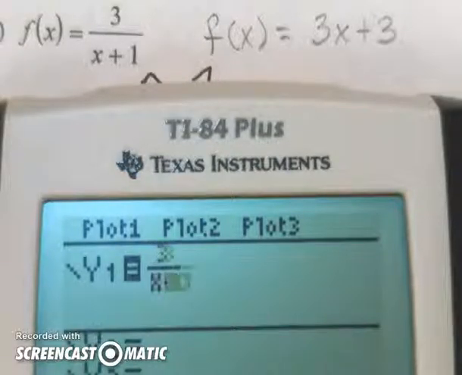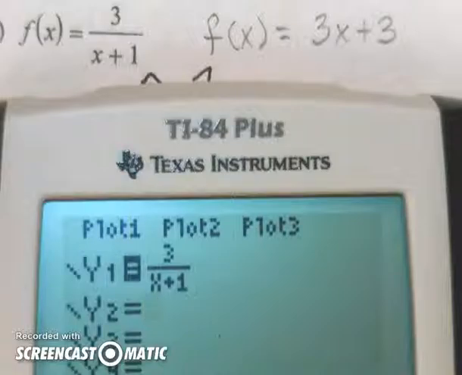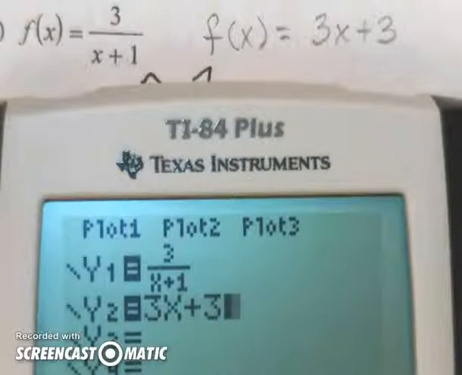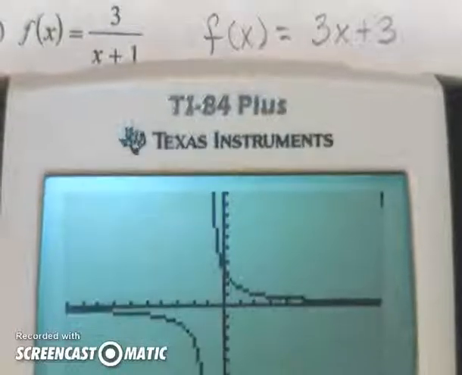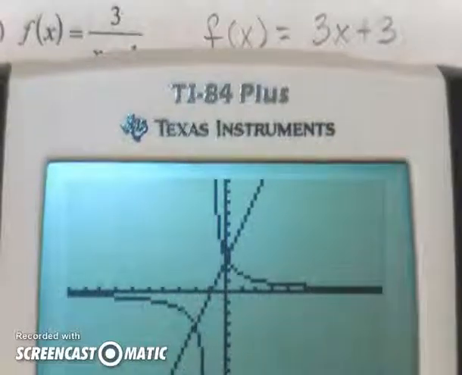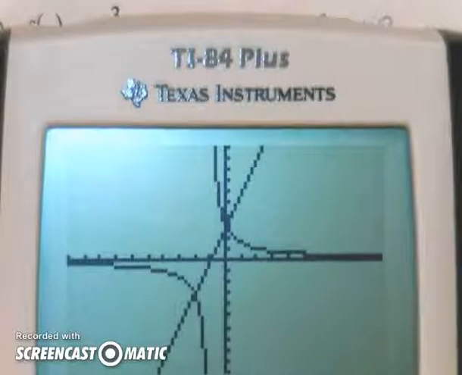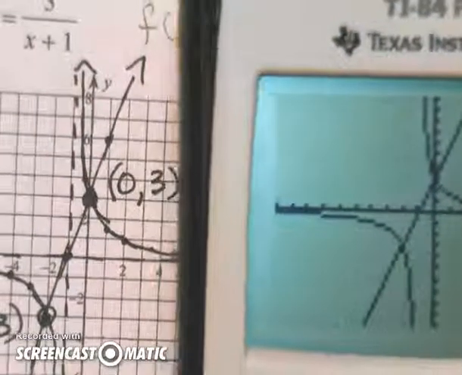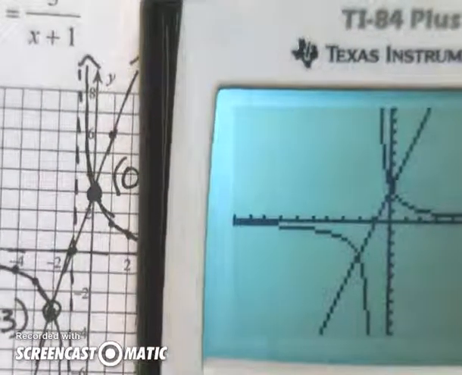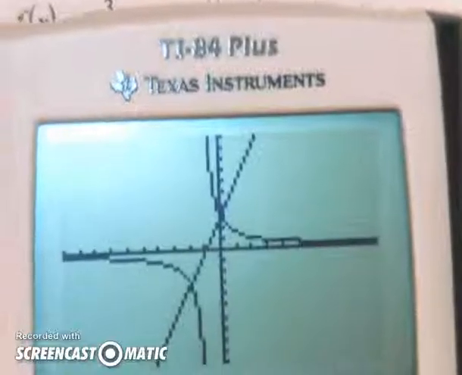And now for my second equation, it's 3x plus 3. And I'm going to graph. It graphed first the rational expression and then the line. You'll notice that the two graphs look exceedingly similar because they should be the same graph.